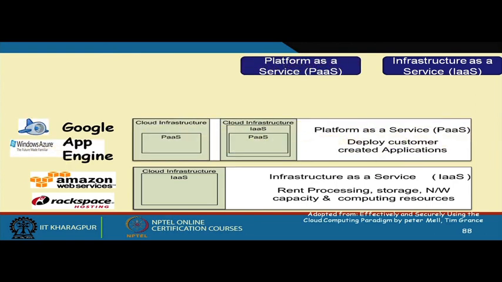Next layer, you have your shared infrastructure as well as some cloud platform hosted on this. Your examples of Windows Azure or Google App Engine run using this particular mode.